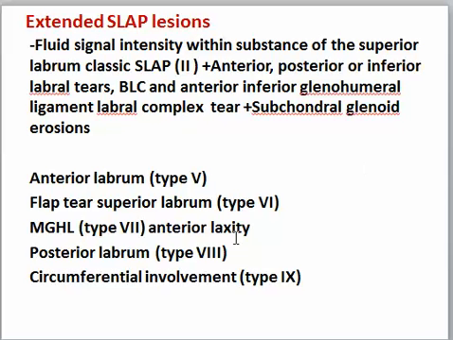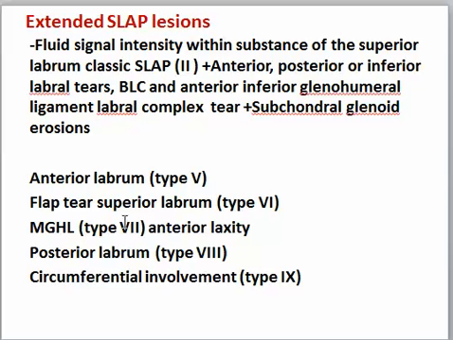And according to the lesion added to the original SLAP, we have different types. For example, if the anterior labrum is involved beside the superior labrum, which is the original SLAP, it's called type 4.